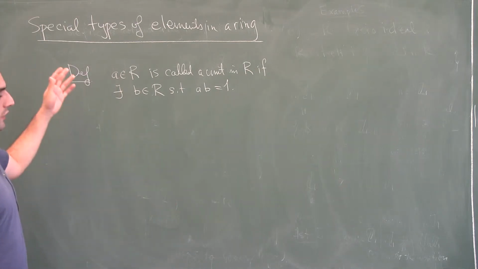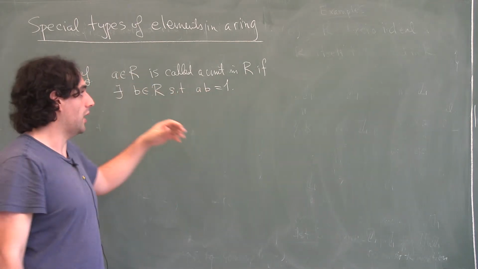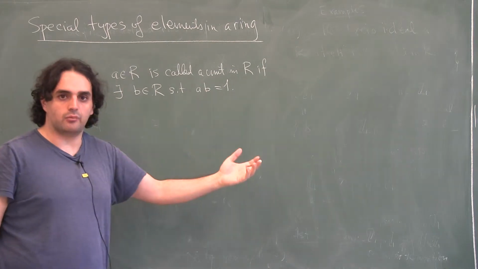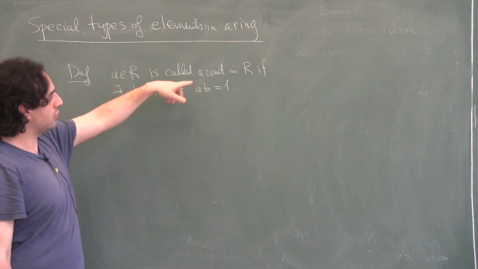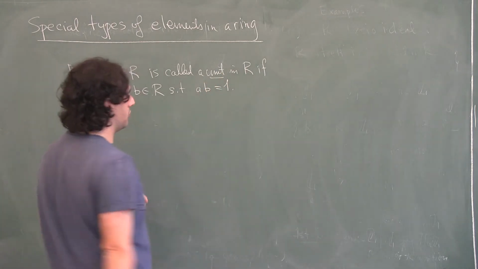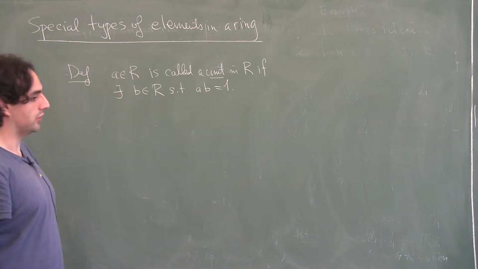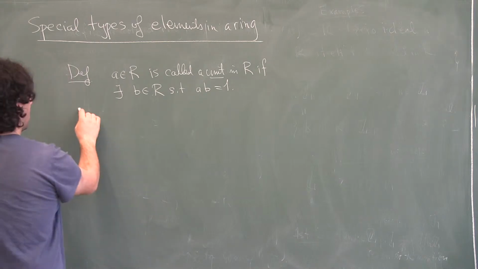Remember, I'm assuming that my ring is commutative and has a unit element, a 1. A unit element for the ring should not be confused with an element being a unit, which is what this is.